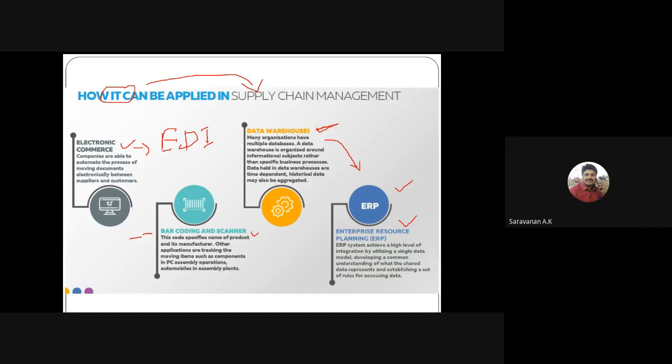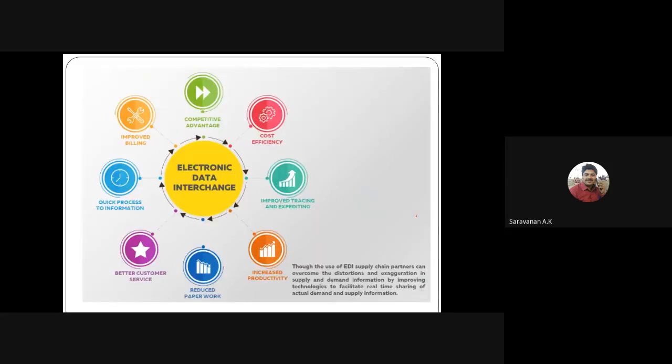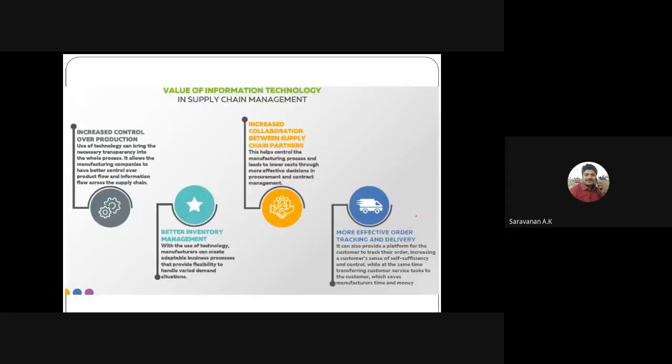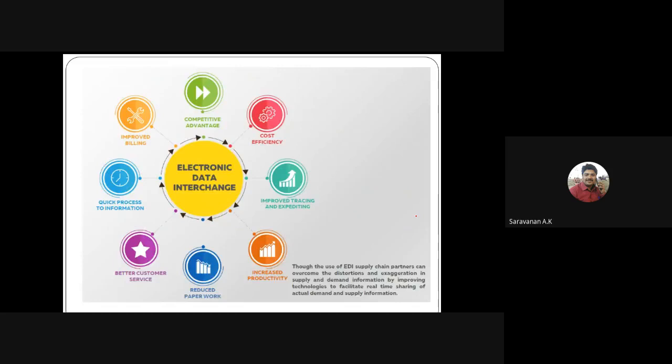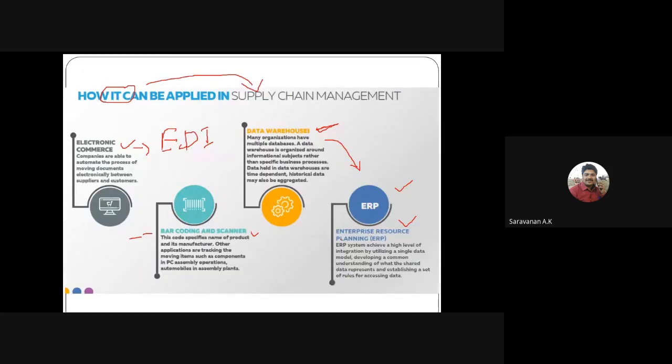From the next class itself, we are going to see how these IT tools help to improve supply chain networks. Next class we are going to see electronic data interchange, the value of electronic data interchange, and how barcoding helps to improve the supply chain network.